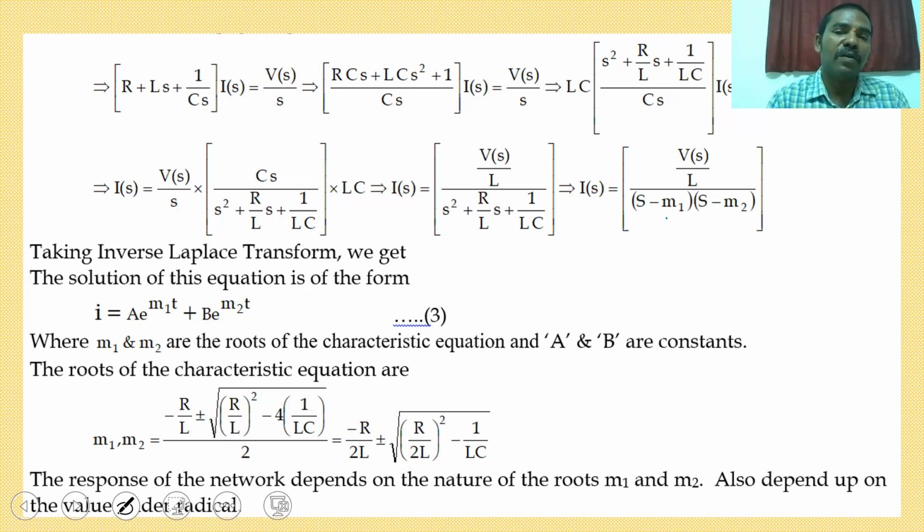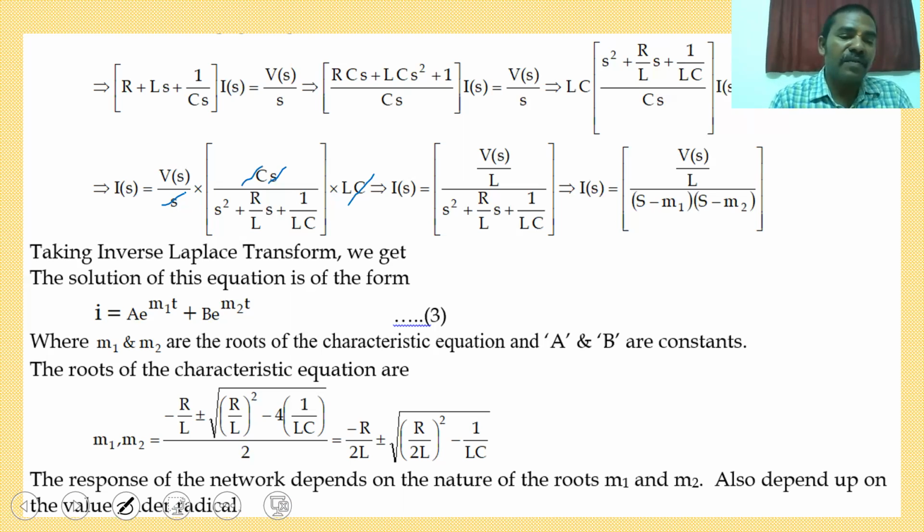Then I of s is equal to V of s by s into Cs divided by s square plus R by L into s plus 1 by LC, into LC. So here the C and C get cancelled, s and s get cancelled. So V of s by L divided by s square plus R by L into s plus 1 by LC. Now I am going for the second order equation as s minus m1 into s minus m2.